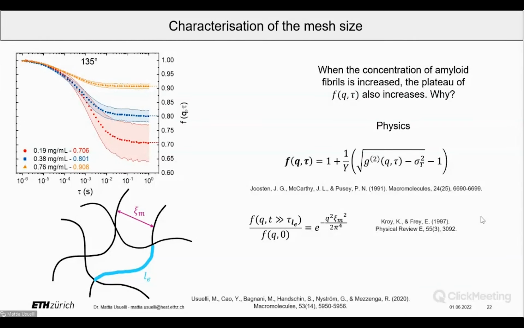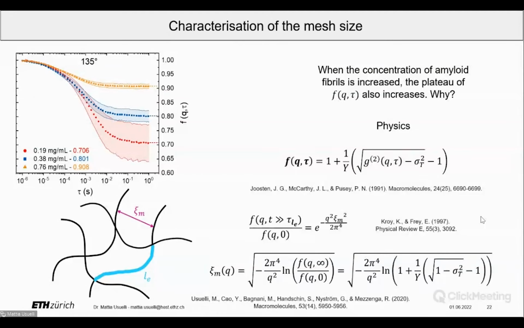This very nice treatment from Croy and Frey tells us that if we consider times that are larger than the characteristic bending time of a fraction of a fibril that is as long as the entanglement length, my intermediate scattering function is decaying to a value that is related to the mesh size of the sample itself. For a more precise derivation of this equation, you can have a look at the reference below, which is the paper that we published in our group out of this work in Macromolecules.